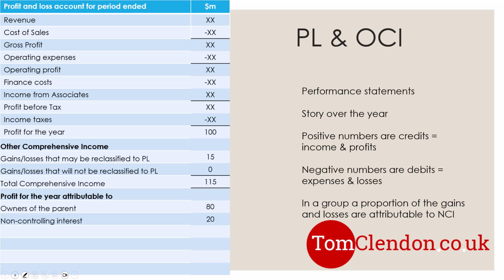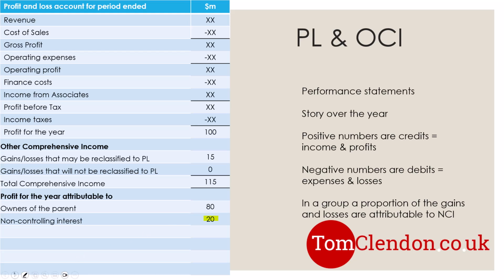So I put some numbers to it just to try and make it a little bit more accessible. So the group profit for the year is 100, but of that 100, some belongs to the NCI because some of that profit has been made in a subsidiary which we don't fully own.